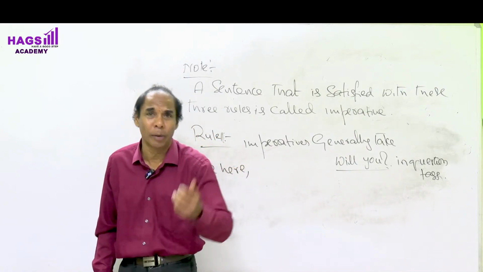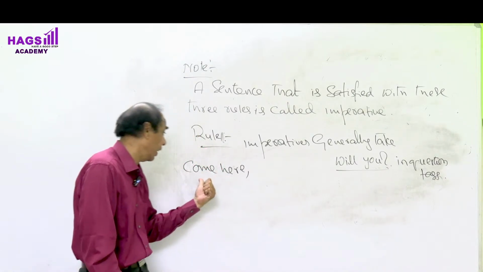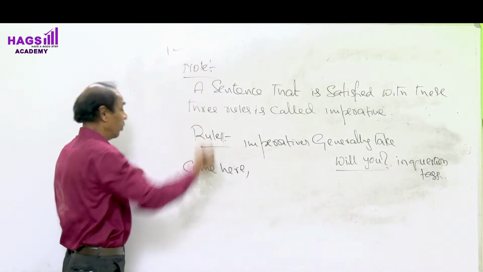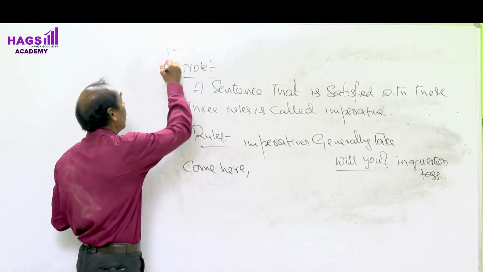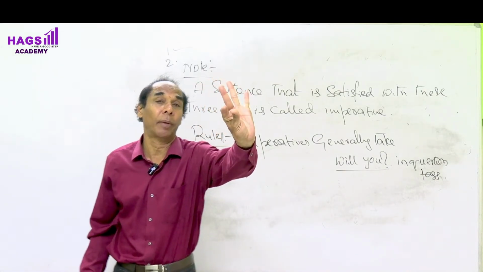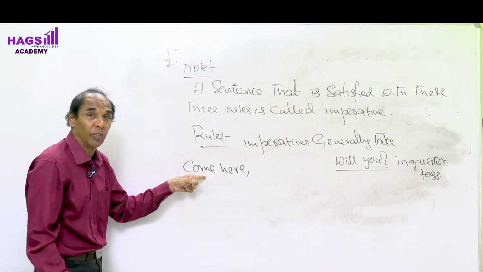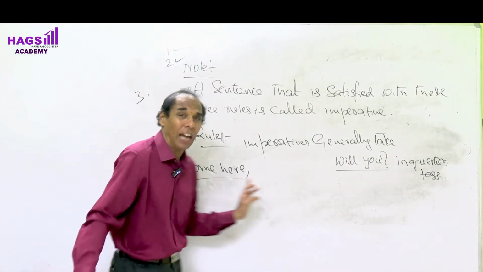It means you come here. I am not saying you, but the meaning is implied in it. Rule number 1, satisfied. You is absent, but the meaning is here. Rule number 2, sentence begins with V1. Come, came, come. The sentence has begun with V1. Rule number 3, expresses command or request.